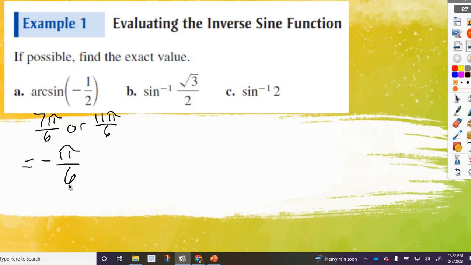Now when it's positive, it's a little bit easier. Where does sine equal square root of 3 over 2? Is there anywhere else?